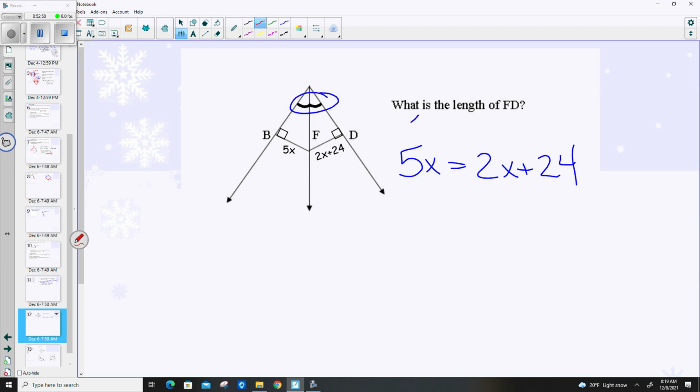There we go. If the angle's bisected, any point on that angle bisector is an equal distance from the sides. Okay, so if 5x equals 2x plus 24, what do I do next?